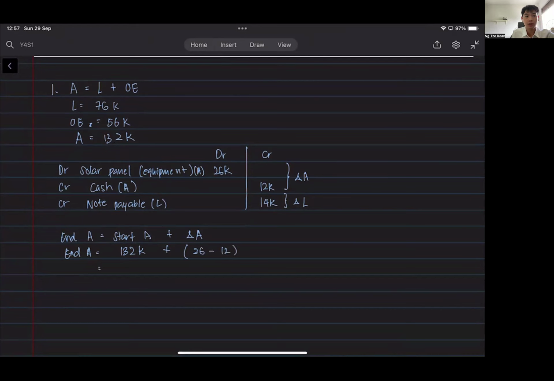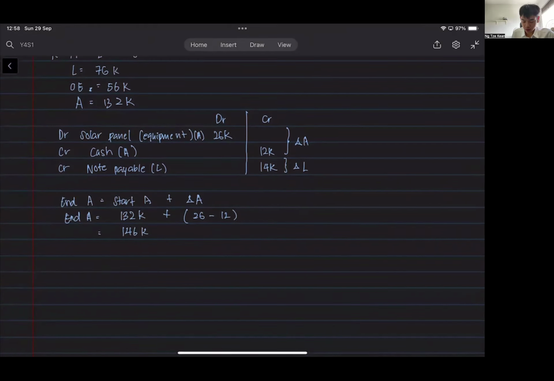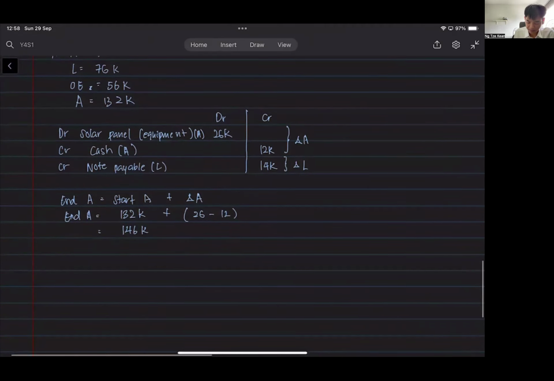And you should get a final value of 146,000. So I think this is very straightforward. And let me provide you an alternative view to solve this question from the equation. We have asset equal to liability plus owner's equity.